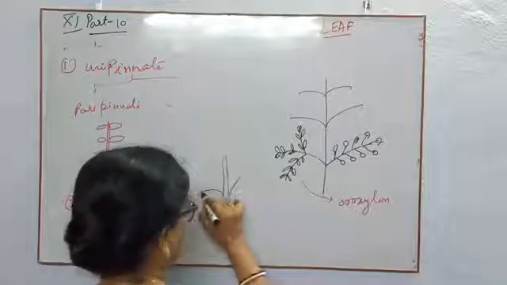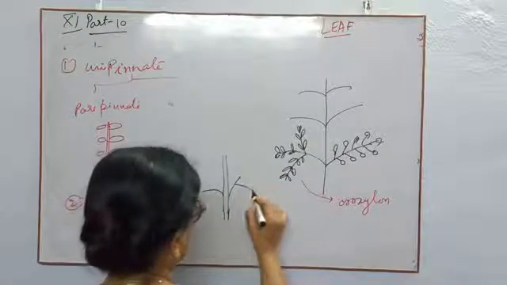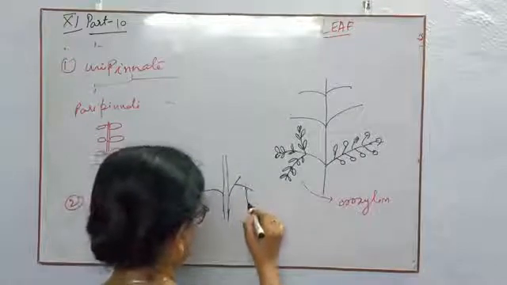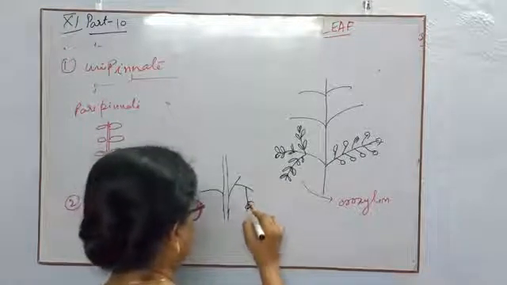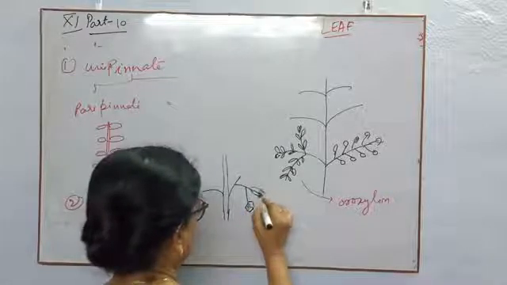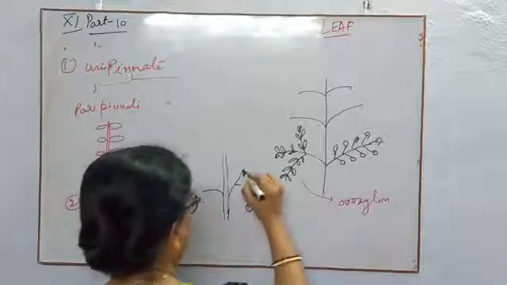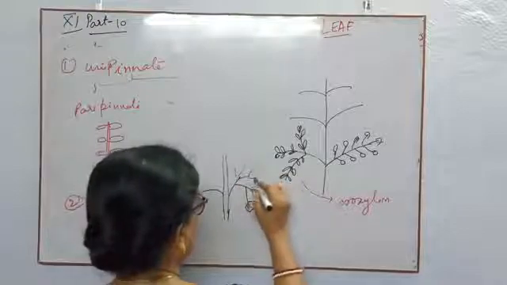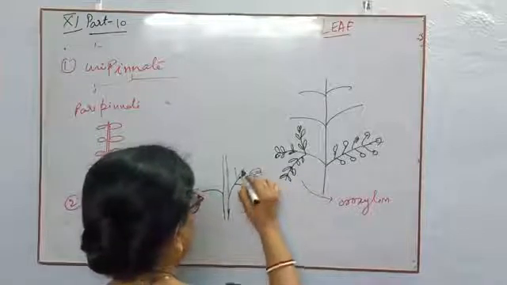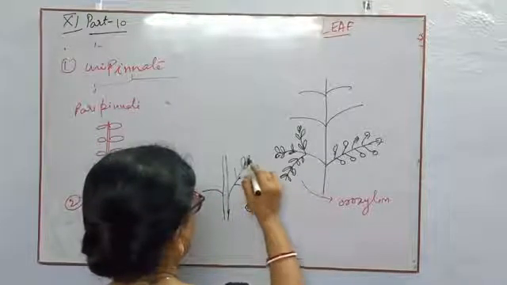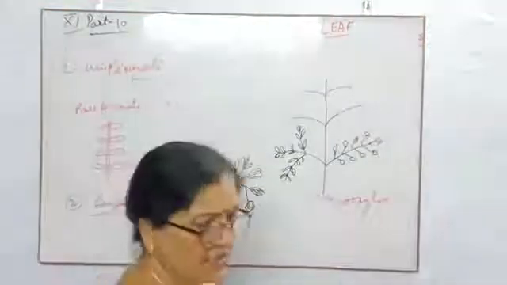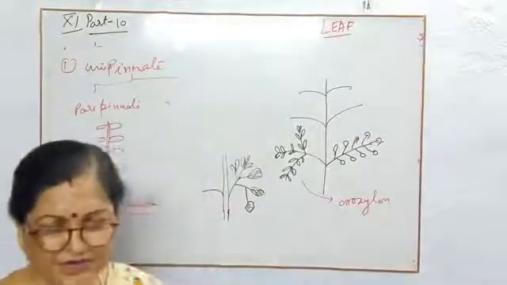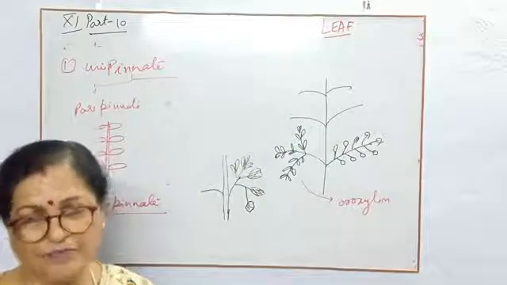Again it is having secondary, then tertiary, and after tertiary there is the branch, and then leaves are arranged on it. And here you can see the leaves, when they grow older, the lamina is separated or divided into fine parts.